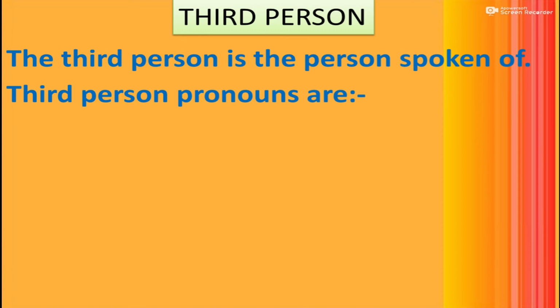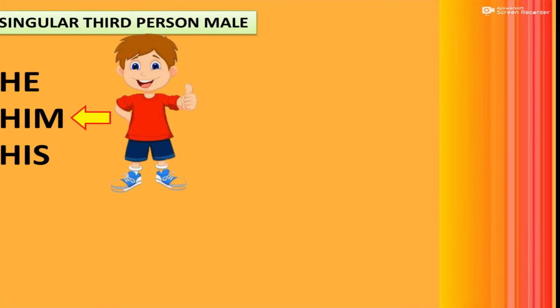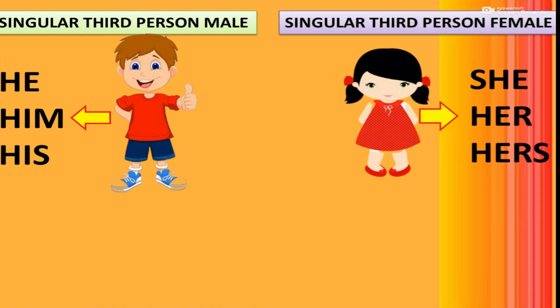Third person pronouns are he, she, him, her, hers, his, it. If the third singular person is a male, we will replace that person's name with he, him, his. In case of singular third person female, we will use she, her, hers.